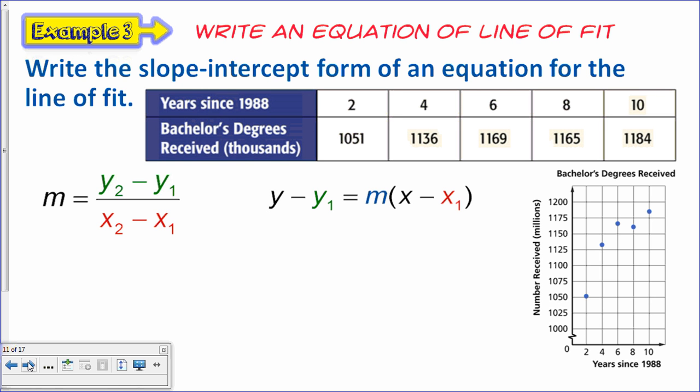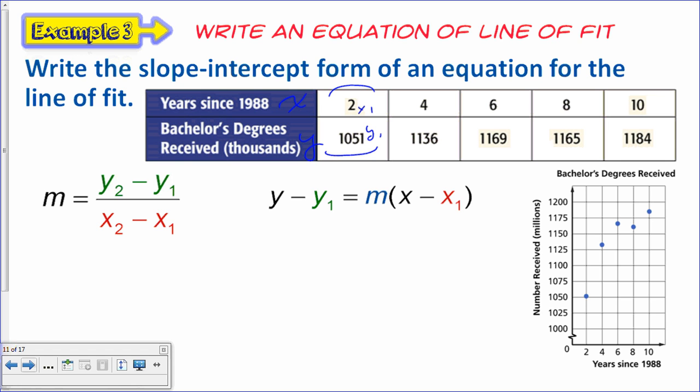The top row is going to be X, that's my independent. Dependent is the bottom one, right? So instead of my ordered pairs being left and right, they're going to be up and down. So my first ordered pair is going to be X1, Y1, and so on and so forth. Does everybody see that? Okay.